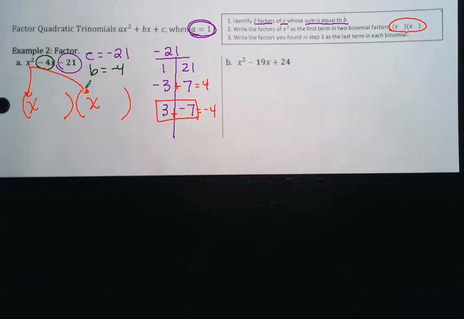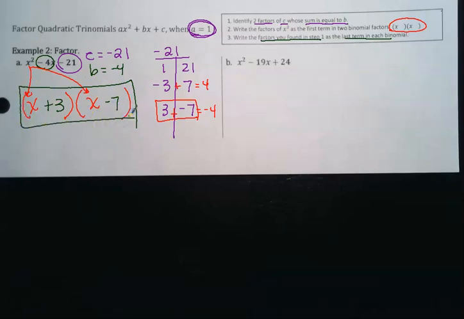Then our next step is to write the factors you found in step 1 as the last term in each binomial. So we're going to have x plus 3 and x minus 7.